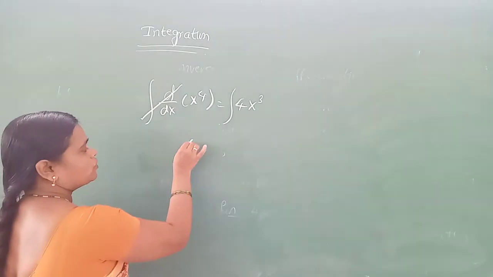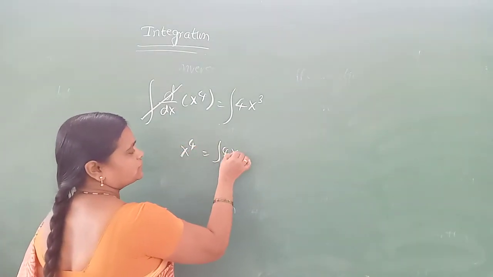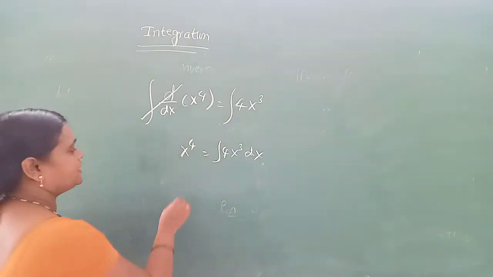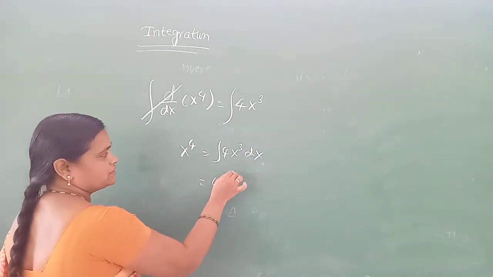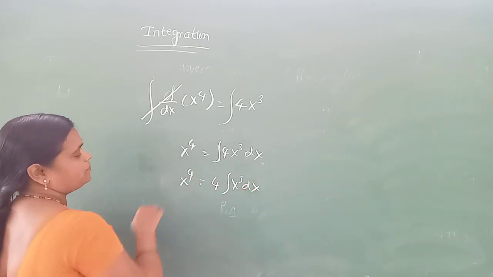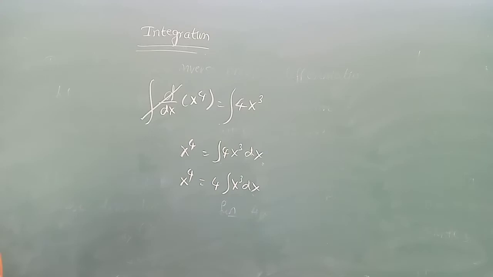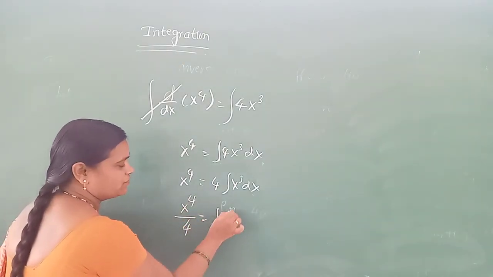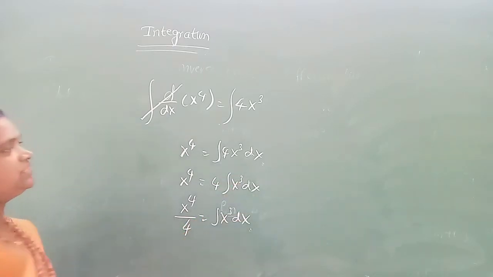We get x to the power 4 is integration of 4x cube dx. Or else we can write, 4 is a constant, 4 times integration of x cube dx is x to the power 4, or x to the power 4 by 4 is integration of x cube dx. This is how we can write the integration.